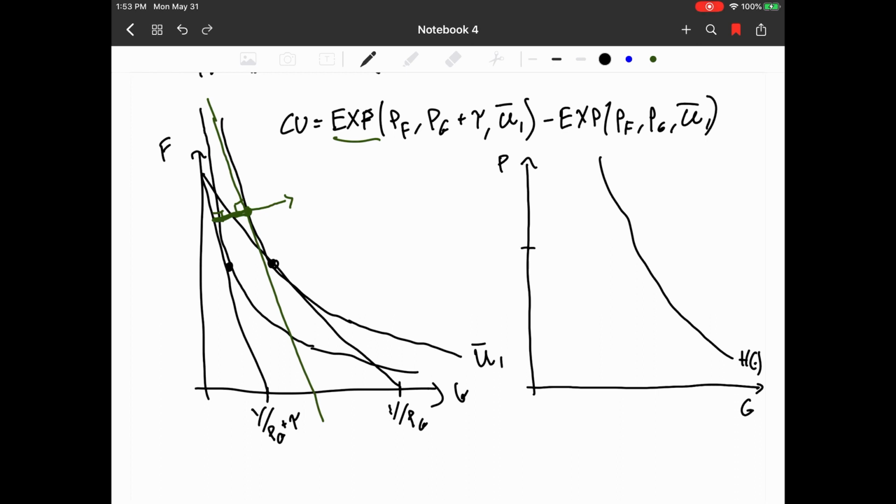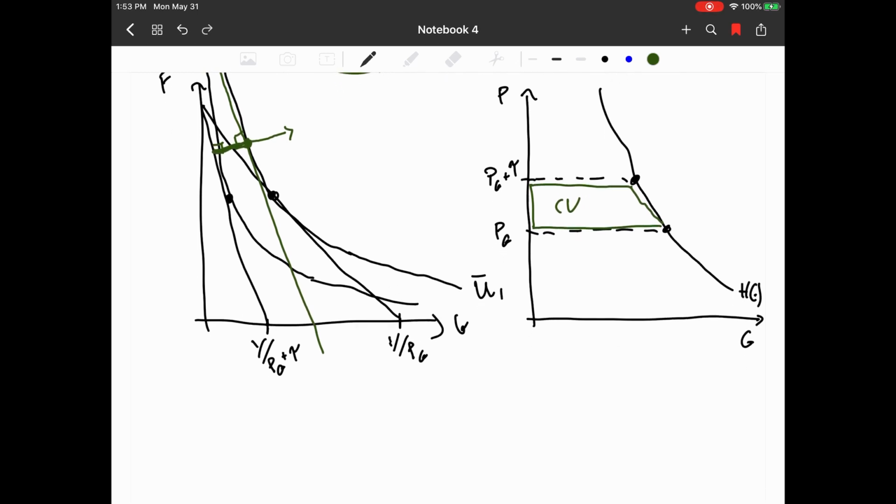So this will look pretty similar to what you've encountered with consumer surplus, where we look at the price before. So price before is PG, and then the price after, which is PG plus tau. And then we just find the area between these two prices. And this is, in this case, the compensating variation.